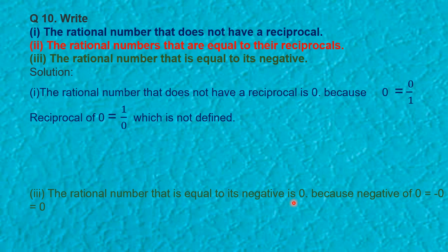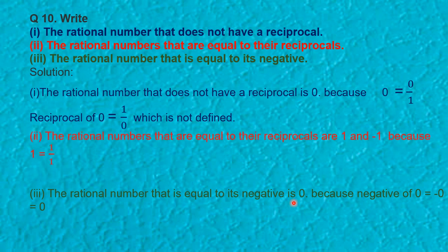So the negative of 0 is also 0. So 0 upon 1 is equal to its negative. That number is 0.